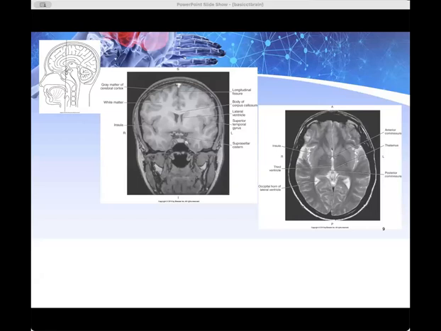Here we have a coronal T1 weighted MRI of cerebral cortex and corpus callosum, and an axial T2 weighted MRI of anterior and posterior commissures. Two other important bundles of white matter fibers are the anterior and posterior commissures.